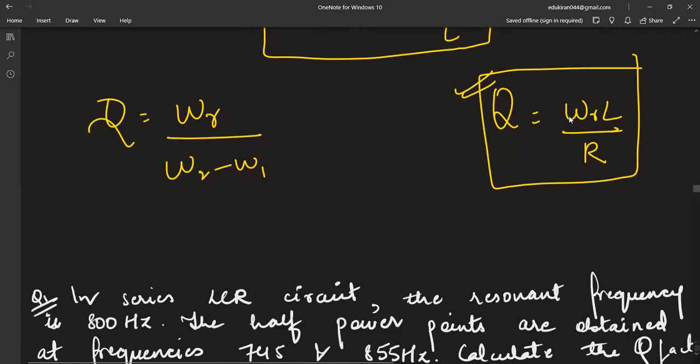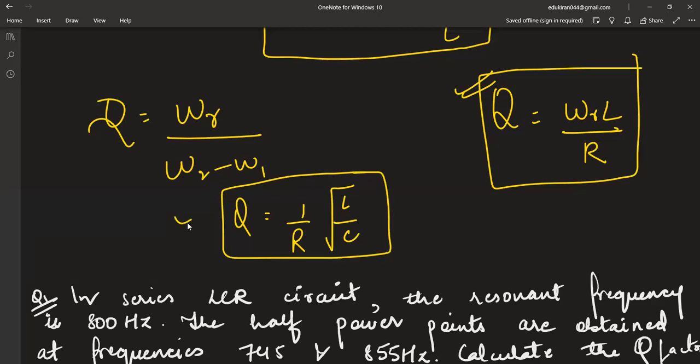Okay, one more thing, class. If you put the value of omega from your resonant frequency, that is omega is equal to 1 by 2 pi under root LC, and solve all of this, you will get the formula 1 by R under root L by C also. So this is a very helpful formula for numericals because resonant frequency is not mentioned everywhere.